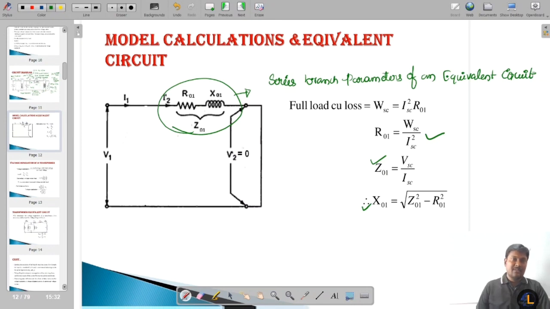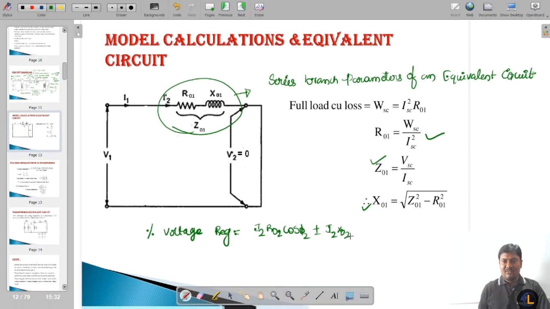And one more, if you know these values, we can calculate the percentage voltage regulation. The percentage voltage regulation is equal to I2 R02 cos phi 2 plus or minus I2 X02 sin phi 2, divided by E2, into 100. Either it may be R01, that is I1 R01 divided by E1.